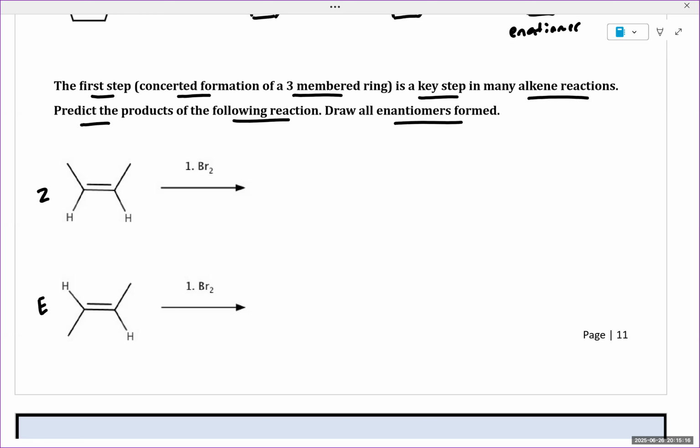So first and foremost, we're going to form a bromonium ion. From here, when you generate this bromonium ion, your methyl groups will both be in the back, and the hydrogens will be in the front.